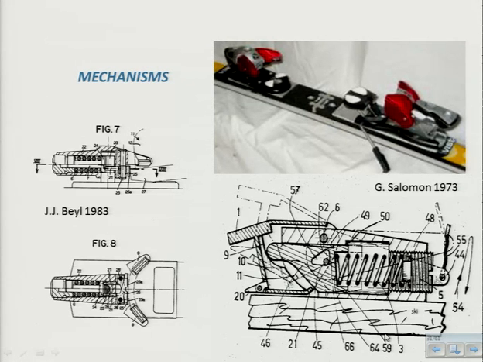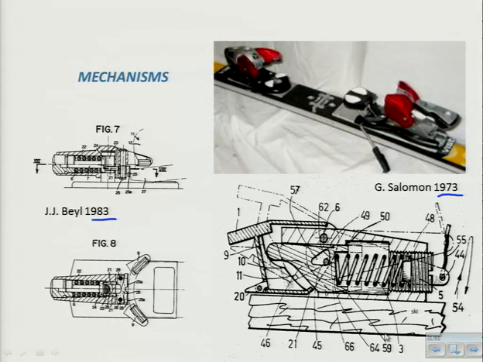Here is a picture of a relatively modern ski binding in the upper right, and then some pictures taken from patents. The basic ski binding technology has not changed in about 40 years, as you can see from the age of some of these patents, of the most popular kinds.